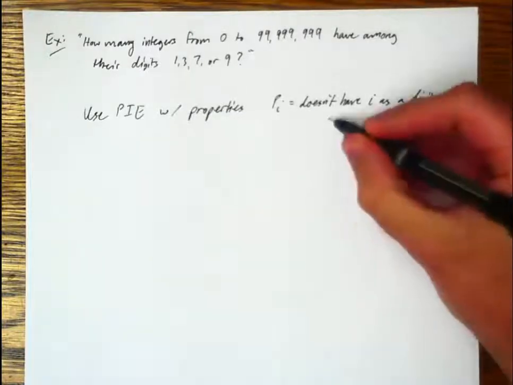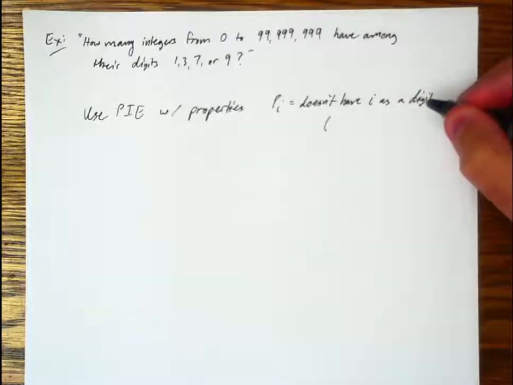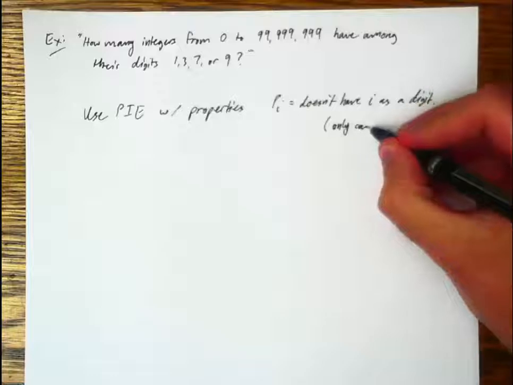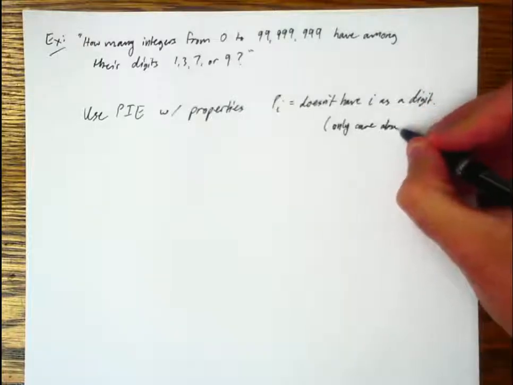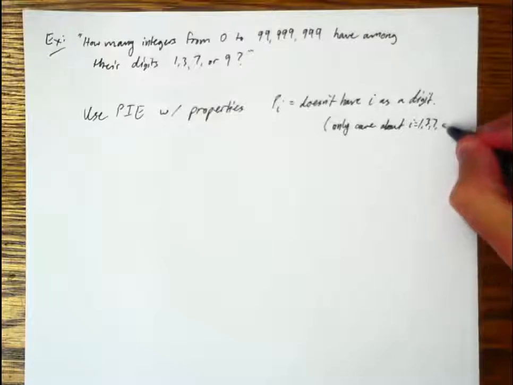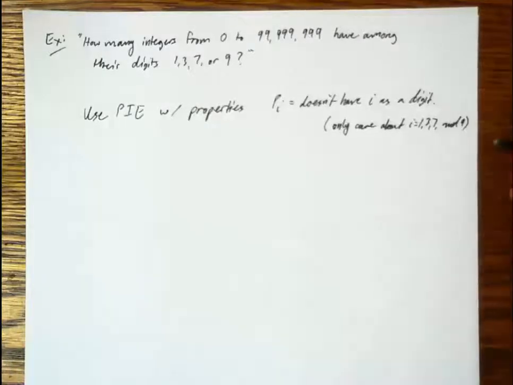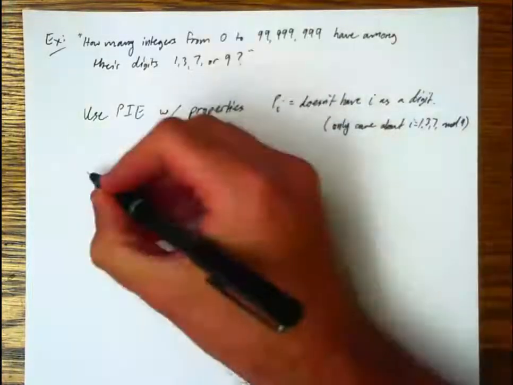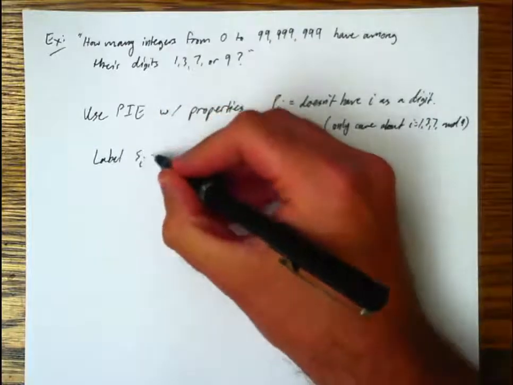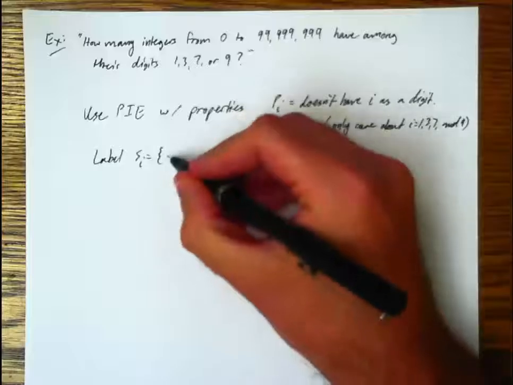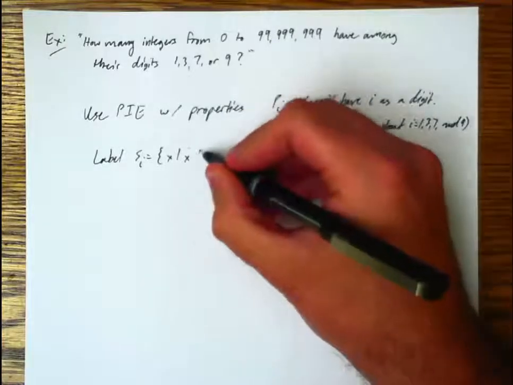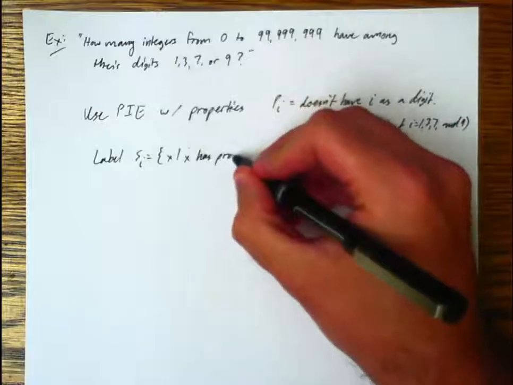This does account for all the numbers from 0 to 9, but we really only care about i equals 1, 3, 7, and 9. And from these properties, we're going to use the same old labels as usual. Label the S_i as the x's between 0 and 100 million such that x has property p_i.